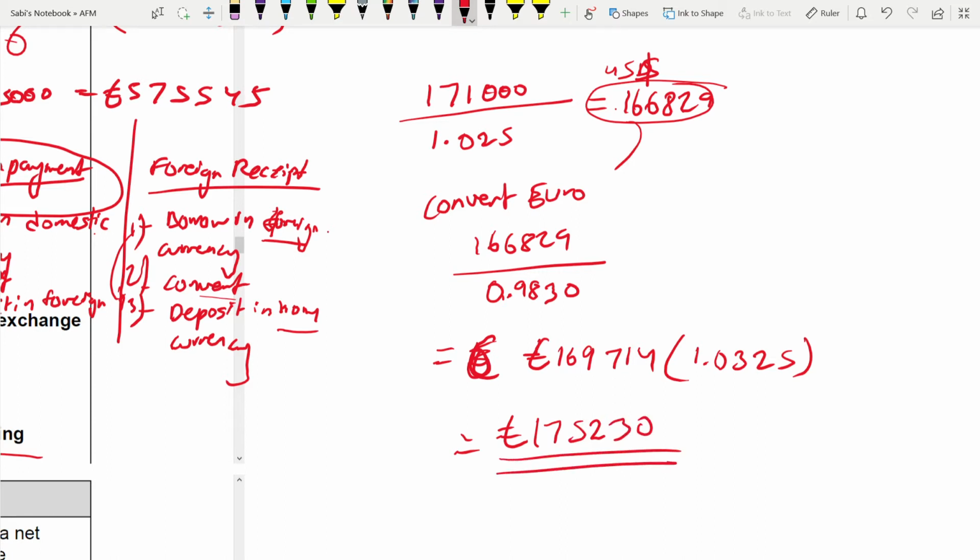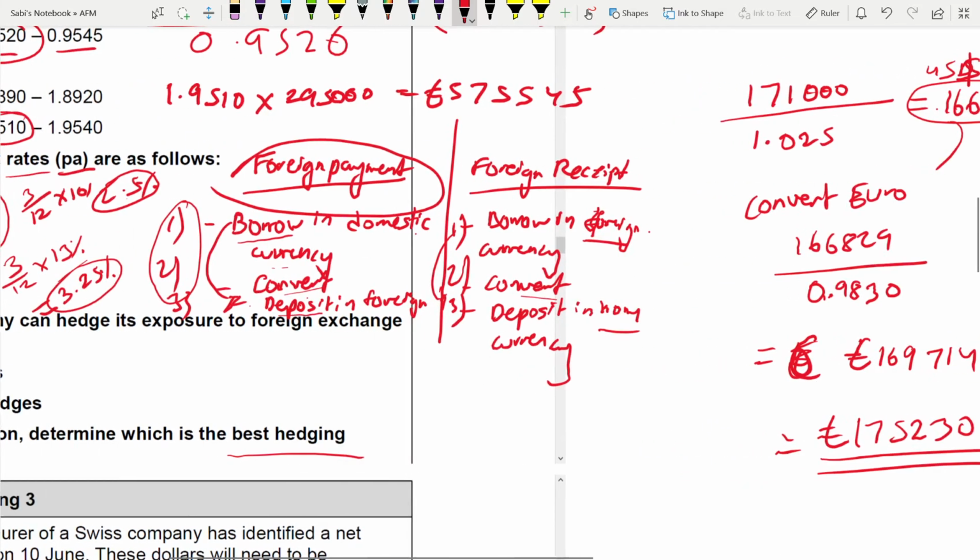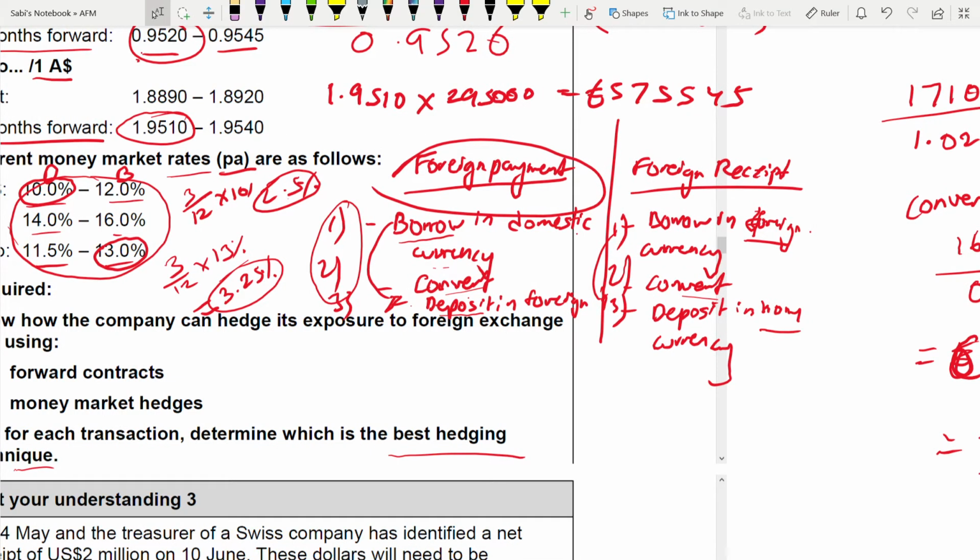Even under forward it was in euro. You see, for forward, this was in euro. So which one is giving a lower cost?